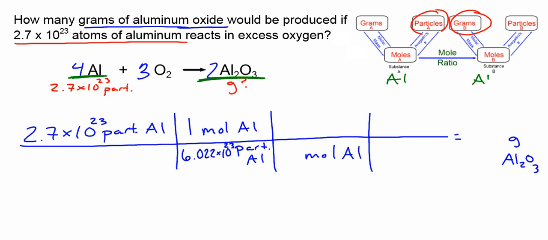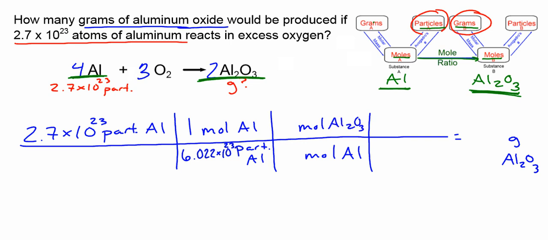This side is all my aluminum oxide. Every label, grams of aluminum, moles of aluminum, particles of aluminum, this would be moles of aluminum oxide or grams of aluminum oxide. So if I'm going to the moles of the other compound, it would be moles of my aluminum oxide. And what are my numbers?